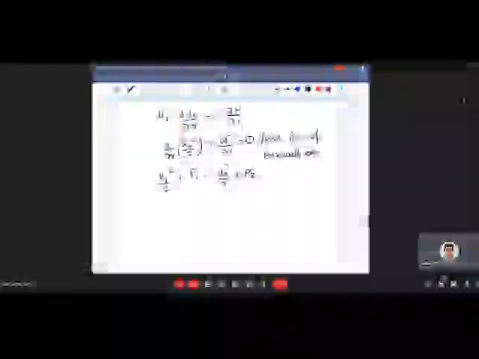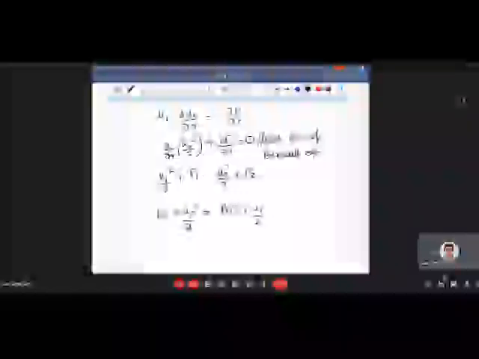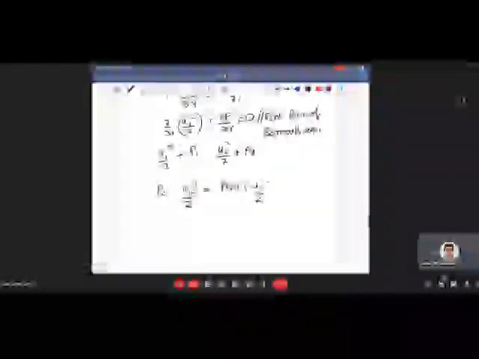Let us assume that at p naught we have u capital R square, and at p of r we have u small r square by 2. And we'll get this as ur we have written down earlier in our earlier expression, 4q by pi r.